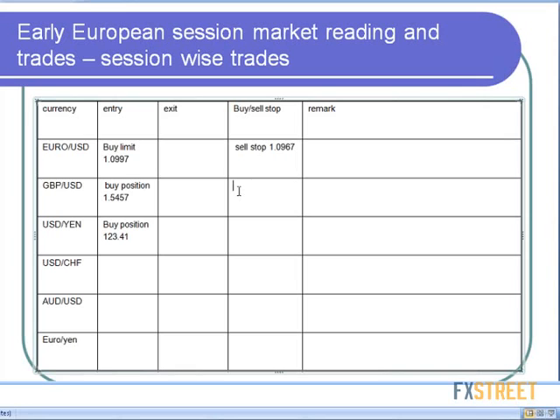Then in the case of GBP, 30 pips below, which will again be a sell stop for a buy position. And in the case of yen also, we are doing a buy and sell trade as a contrarian trade because they are making contrarian moves now. So we'll keep the hedge order 30 pips below, $123.11.